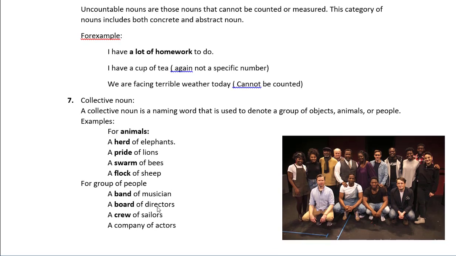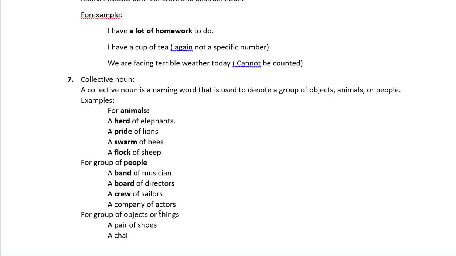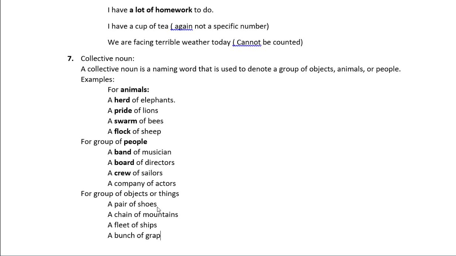This is the collective noun for people. If we are going to give collective nouns for objects, for a group of objects or things, for example, a pair of shoes, a chain of mountains, a fleet of ships, a bunch of grapes.